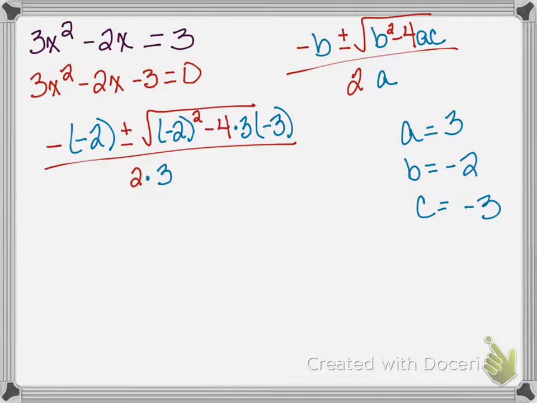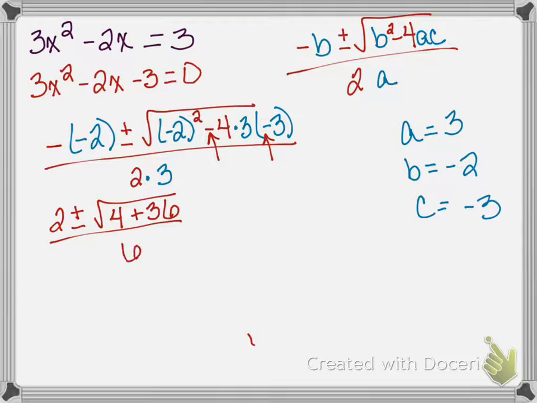Okay. Now we're going to simplify. Negative 2 is positive 2. Negative 2 squared is positive 4. Negative 4 times 3 times negative 3 is positive 36. You have a negative right here and you have a negative right here. That's why it's positive. And that is all over 6.